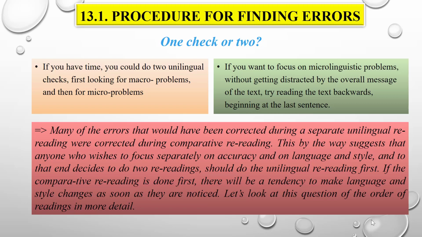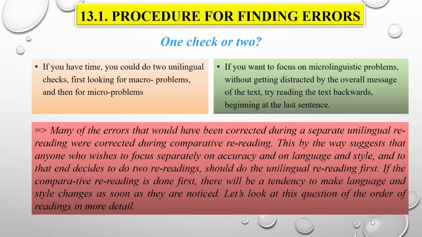Is a sequence of tenses right from one sentence to the next, are the interparagraph connections clear, and are the headings consistently formatted? You may find it hard to focus on problems of the former kind, micro problems, at the same time as you look for problems of the latter kind, the macro problems.